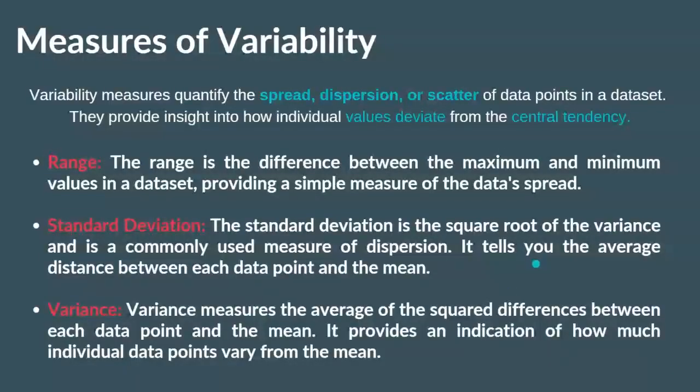And the variance measures, as a definition, the average squared differences between each data point and the mean. So that tells you basically the distance of each data point, on average, from the mean.